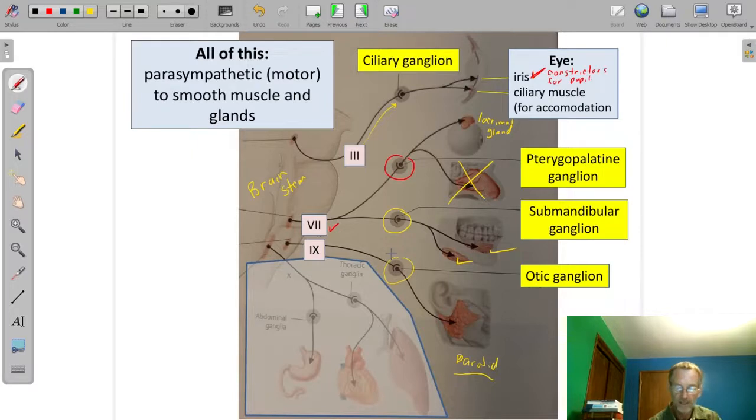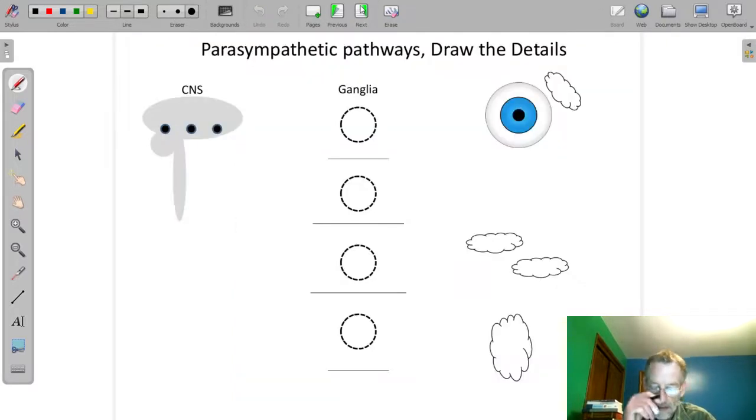Okay, let's go to the next slide and just practice drawing this. I would practice this. Make up your own. Pretty soon you should be able to draw your own ganglia, your own effectors on the right, and something for the CNS.